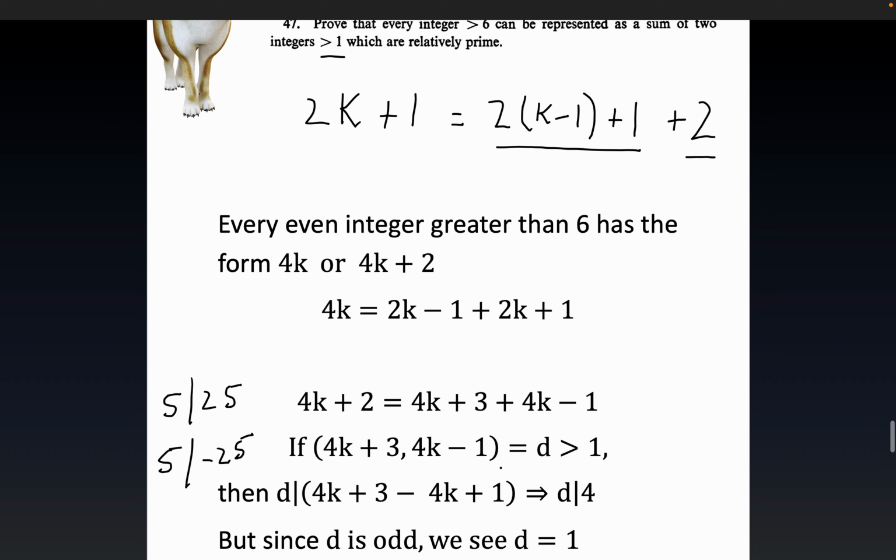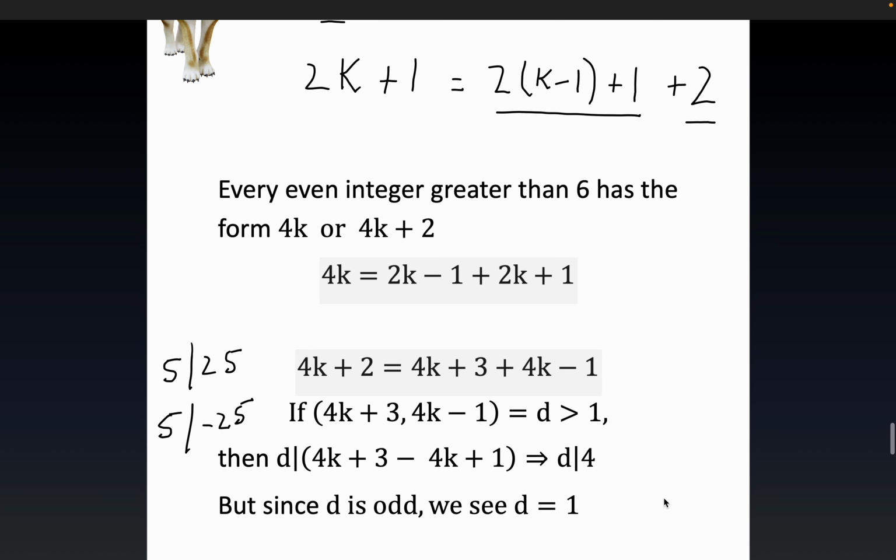Okay, so that implies d divides 4, but we know that d is odd, right? We know that d is definitely odd based on the way we've defined it right here, right? Okay, because it's the greatest common divisor of two odd numbers, right? So d is odd.